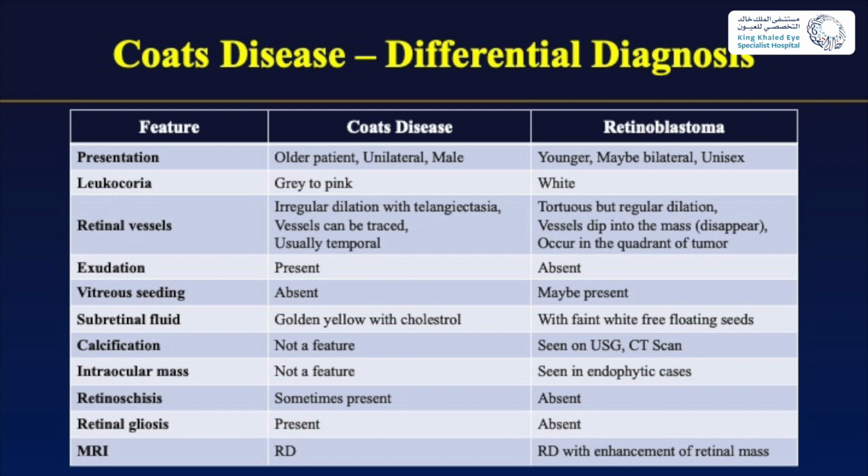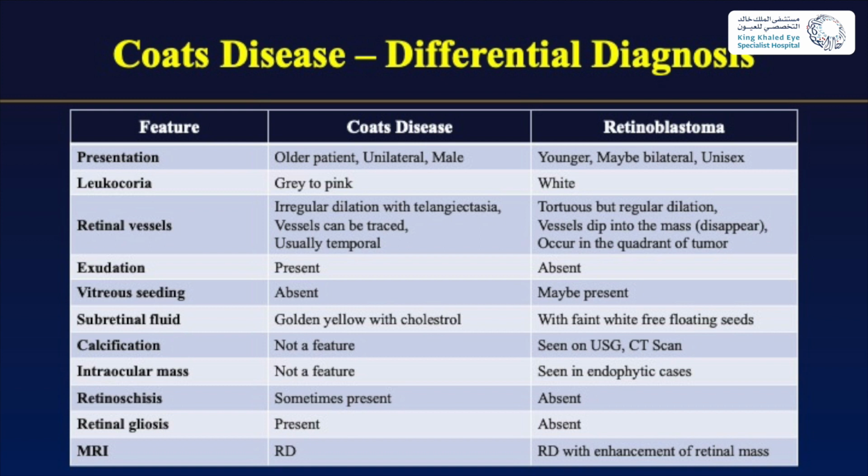Retinal vessels have irregular dilation with telangiectasia, whereas retinoblastoma has regular dilation. The vessels can be traced in Coats disease, whereas in retinoblastoma the vessel will dip into the mass, then will disappear. Exudation is a feature of Coats disease. Vitreous seeding is a feature of retinoblastoma.